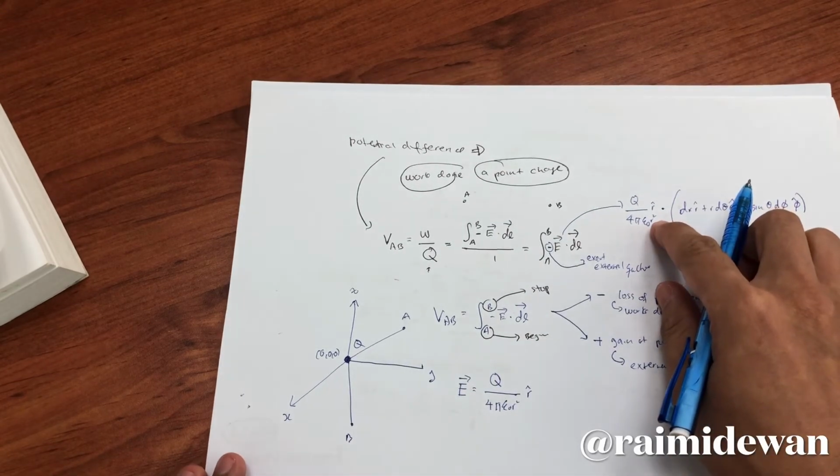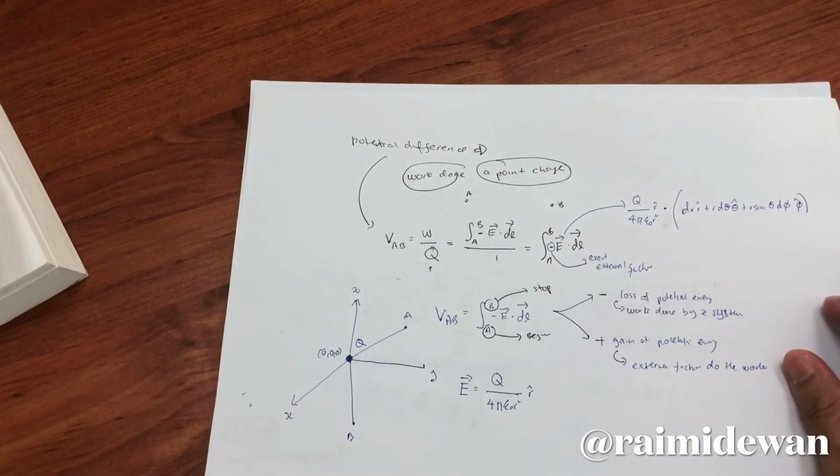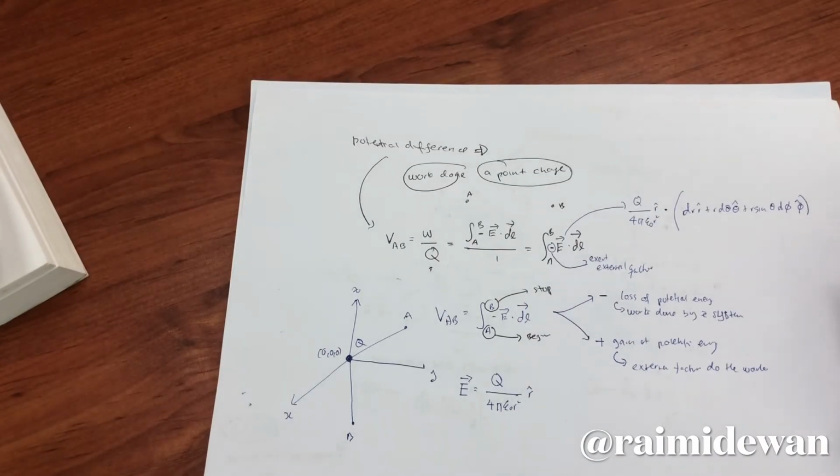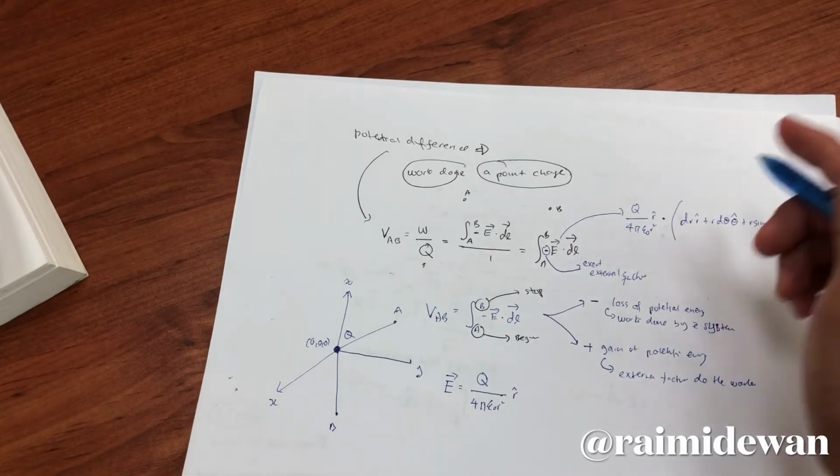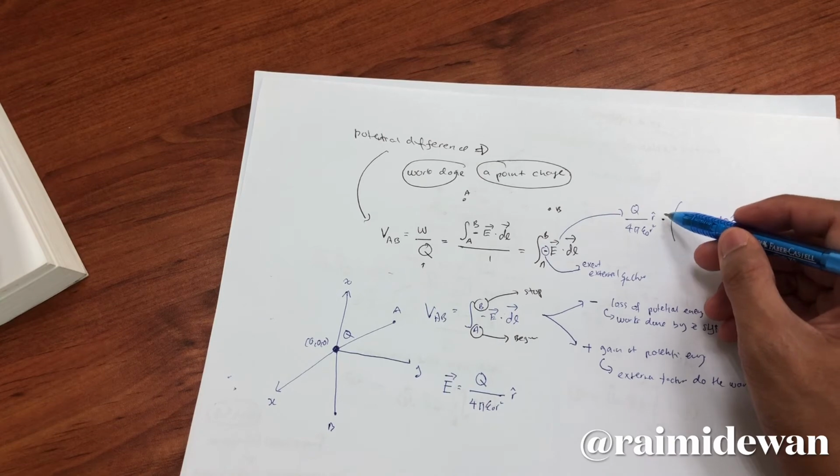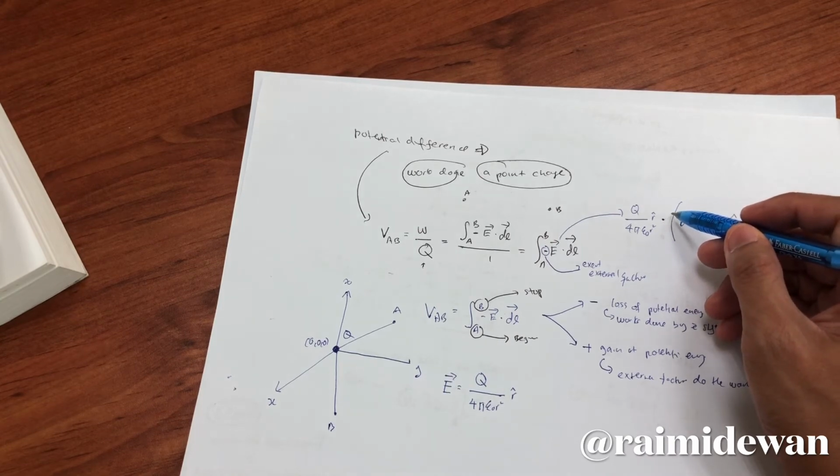In the dot products, the orthogonal terms will produce 0, whereas those having the same direction will be 1.